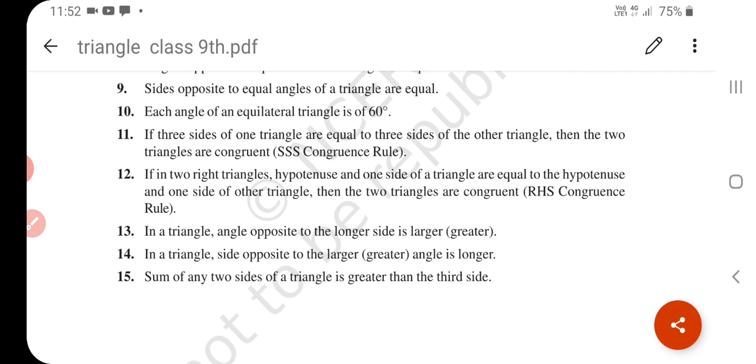So you have to learn all the congruency rules and all the theorems included in this chapter. Remember these theorems, learn them, and complete your work in your notebook.